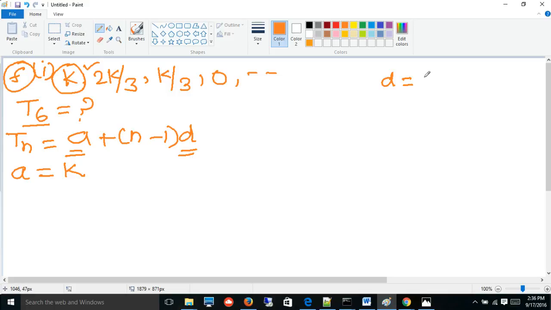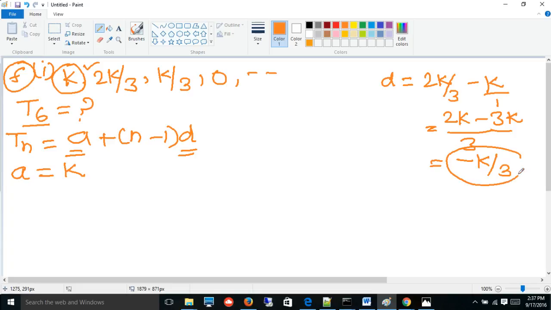So it is 2k by 3 minus k, which is k over 1. Taking the LCM, we get 2k minus 3k over 3. Hope you know how it is coming. So we get minus k by 3. So the value of D is minus k by 3. Remember it; in the second and third parts, I am not going to calculate it again.